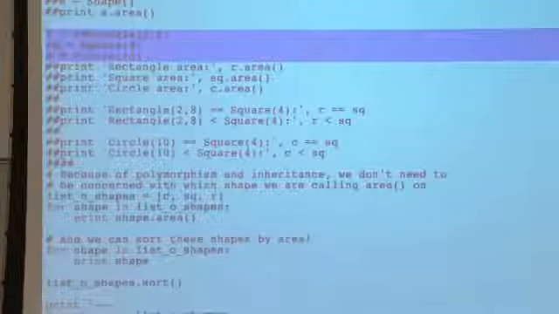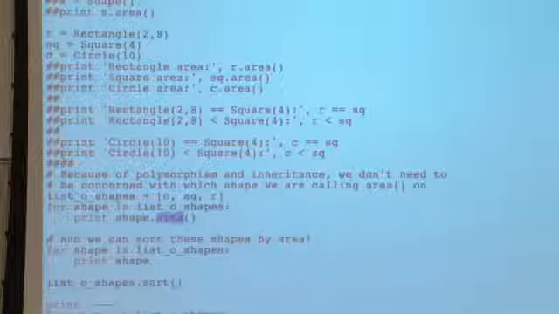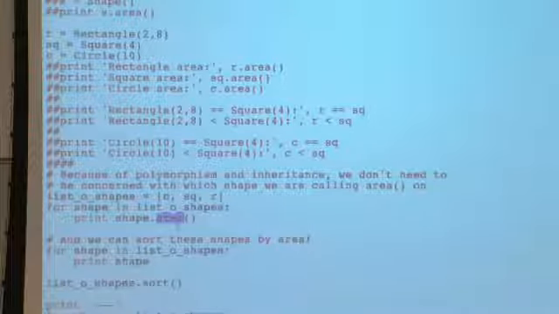All right, and then the reason why this is useful, and kind of the big idea, is if I have a list of shapes, a circle, a square, and a rectangle, then I can treat them all exactly the same, because they all have an area method, which is defined on shape. They all subclass from shape.